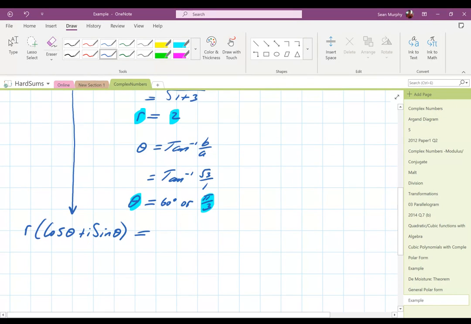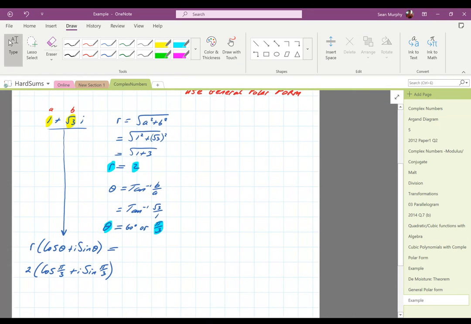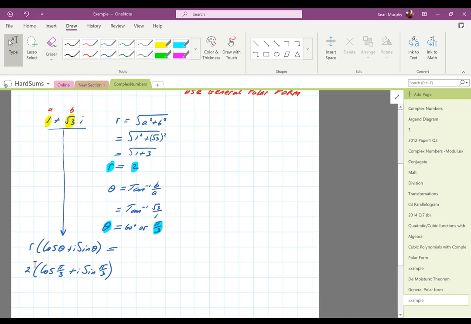So it's 2 times cos pi over 3 plus i sin pi over 3. So that's the first step, converting your number from Cartesian form, 1 plus root 3i, to polar form. Now that it's in polar form, we go on to the next step, which is general polar form.